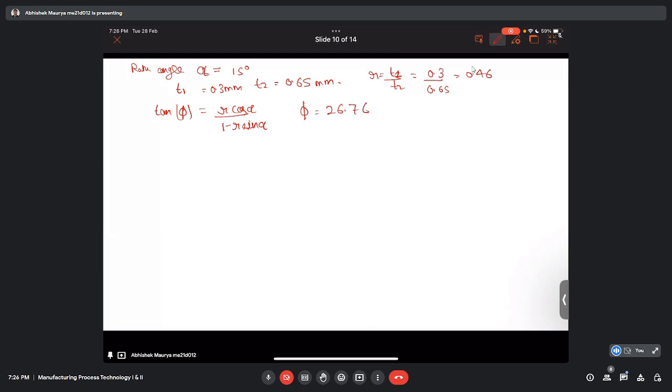So let's talk about the first theory. You can go and see the derivation of this relationship, how it has been arrived at, which has been explained in the lecture. So I am directly writing the final outcome of the theory. The first theory is the Ernst and Merchant theory.